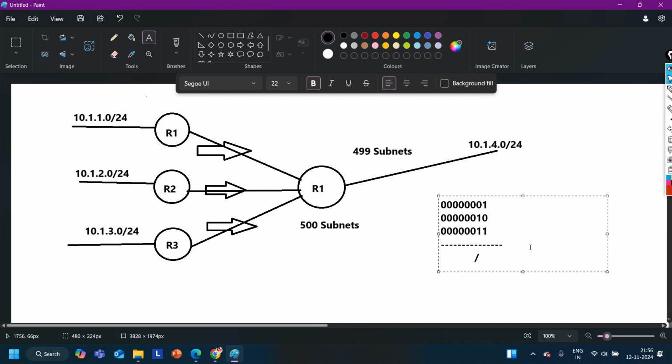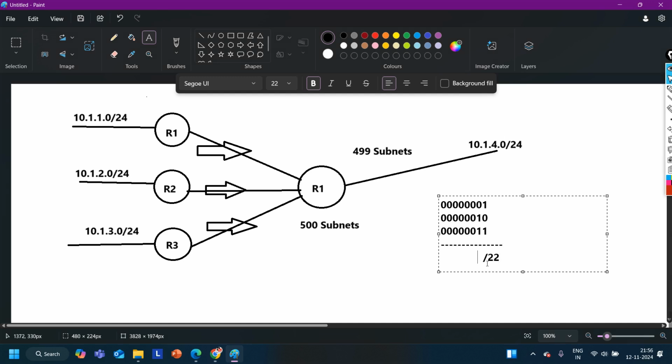How many common bits are there in all the subnets? 8 in the first octet, 8 in the second octet, and 6 in the third octet. So 8 plus 8 plus 6, 22. Correct? So the slash value is going to be 22.